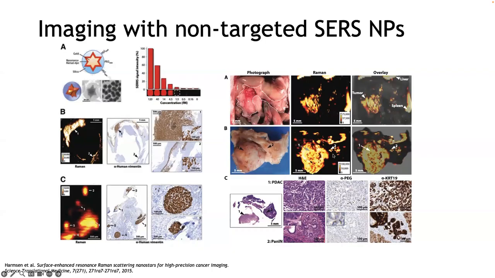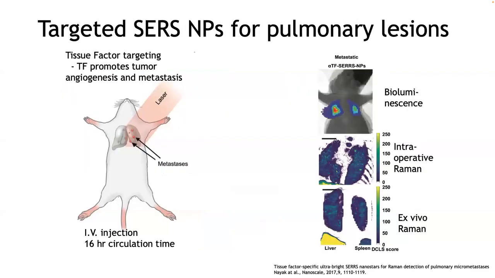This works based on nanoparticles being internalized by cancer cells without any molecular targeting. But we can use molecular targeting. This is what is shown here, where we have a model of breast cancer metastasis to the lung in the mouse. And the mouse was administered SERS nanoparticles targeting tissue factor. Tissue factor is a marker for cancer.